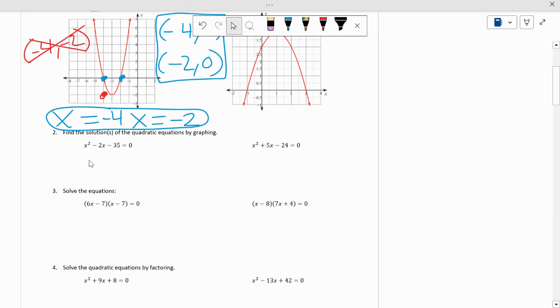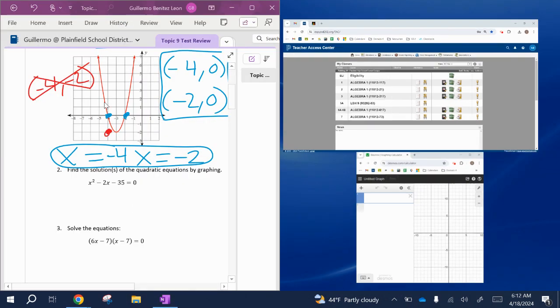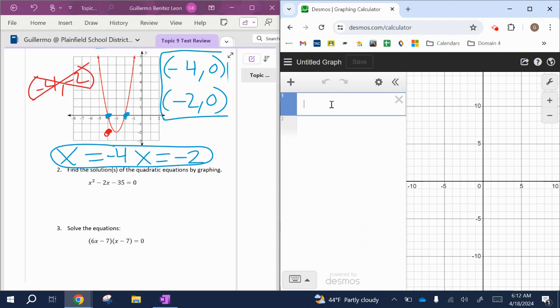Scrolling down. Number 2, find the solutions of the quadratic equations by graphing. Since it says graphing, they want me to use Desmos. Now, could I use the X method? Yes, but I'm going to make it easy for myself. If I can graph, I'm going to graph. All right, I have to type in the equation.